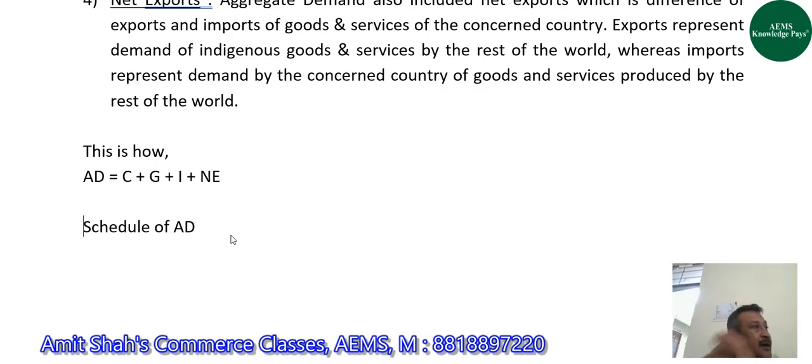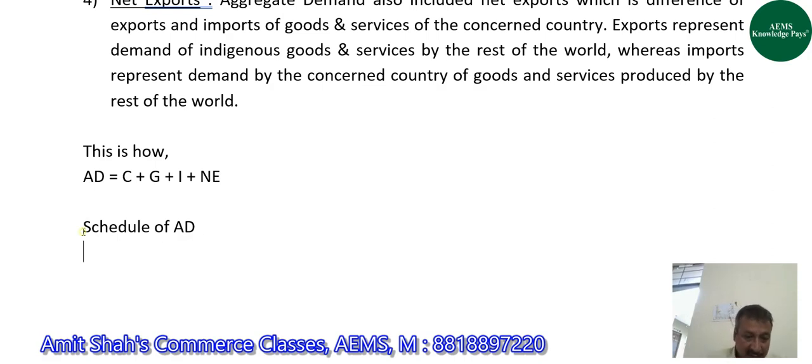More the income, more would be demand. Less the income, less would be demand. Got me, guys, or not? However, there is some demand which has nothing to do with income. We'll talk about all these things.